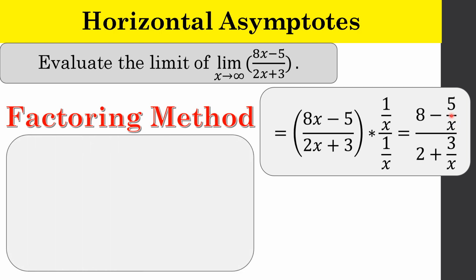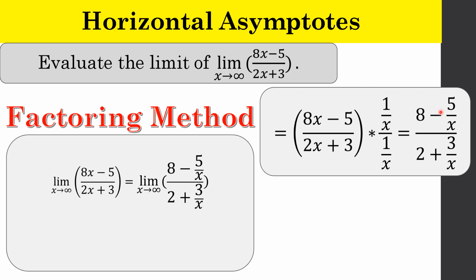Then, papalitan lang din natin. So instead of this function, we will use this function, kasi alam naman natin that any number divided by x as x approaches infinity is 0. Kaya medyo madali na yung pag-solve natin dito. So substitute natin.